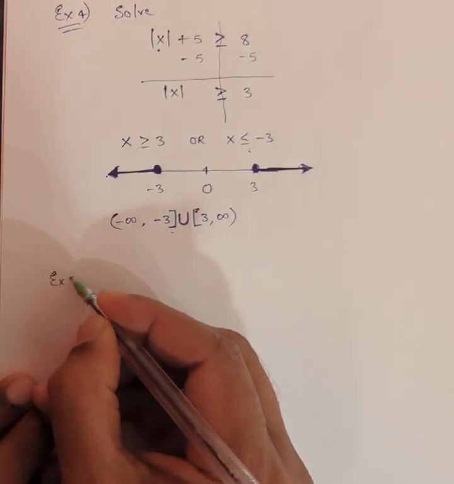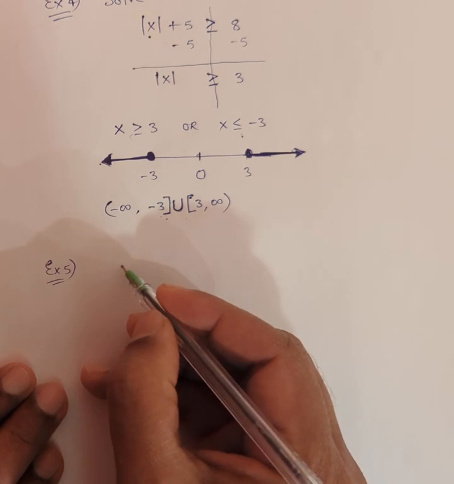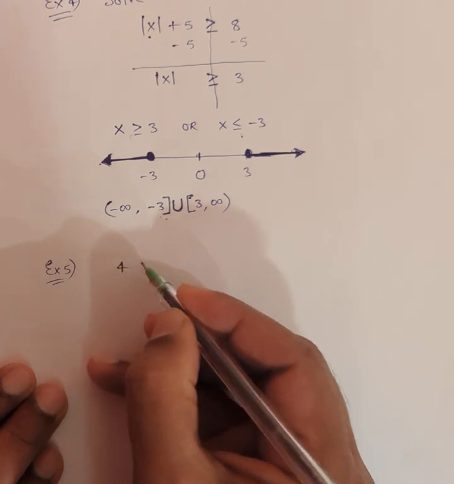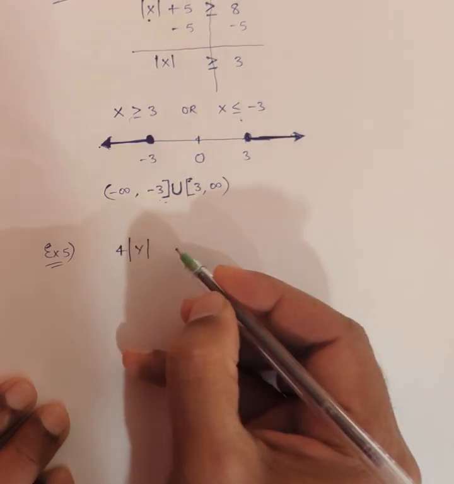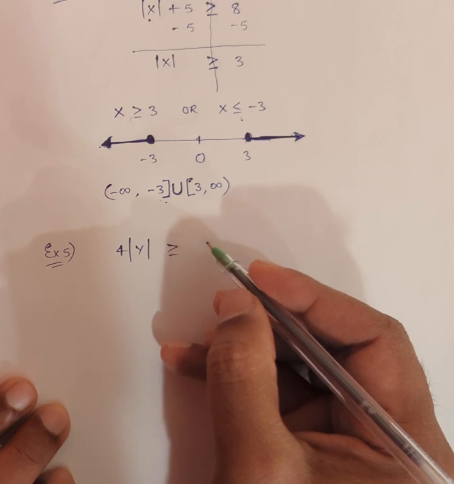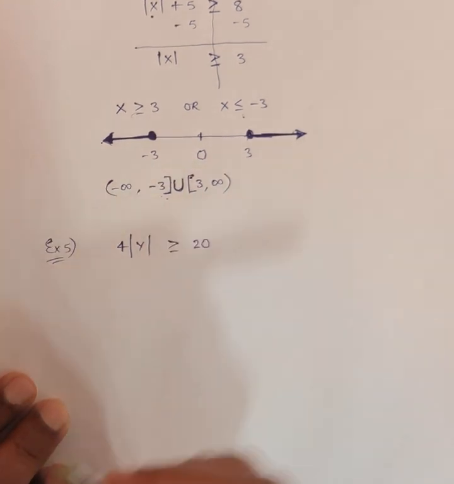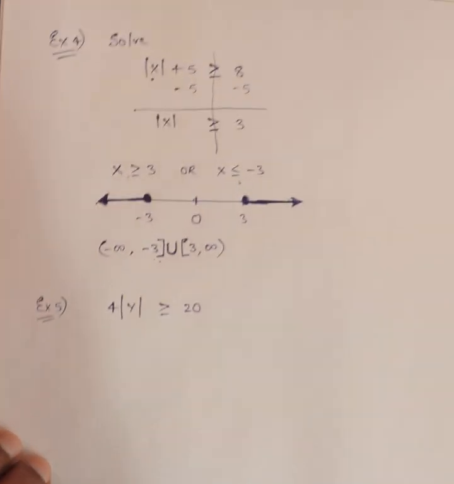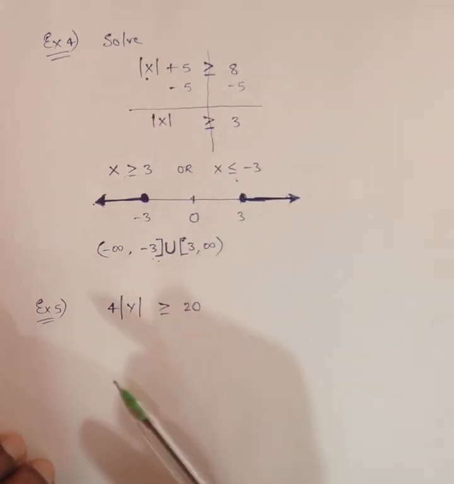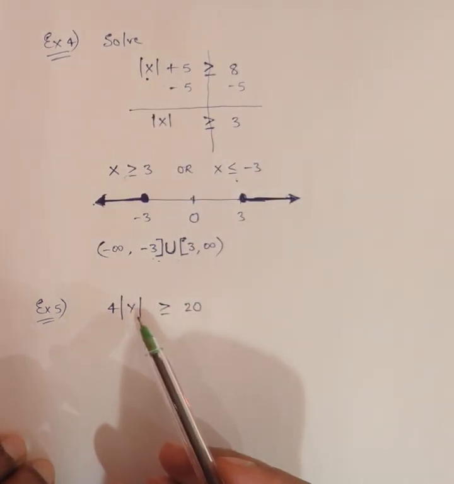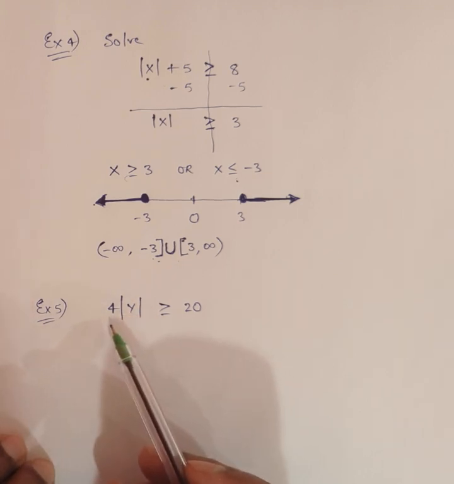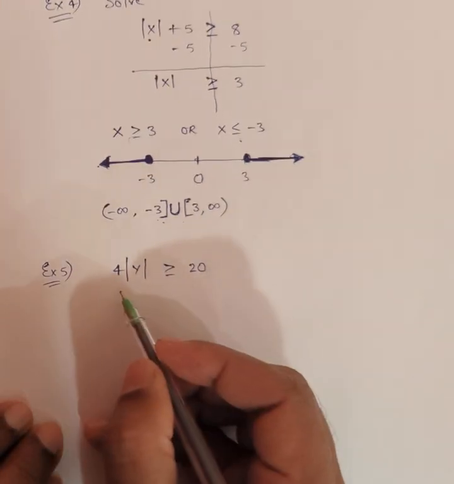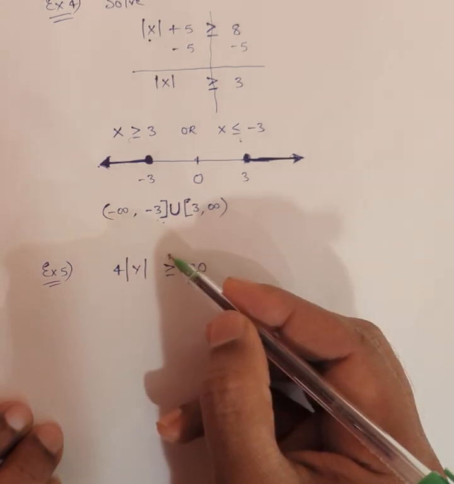Now, in example 5, I want to say 4 times absolute value of y is greater than or equal to 20. So just like example 4, I don't have just absolute value on one side of the inequality. I need to get rid of this 4 first. So how do I do that? I divide both sides by 4.